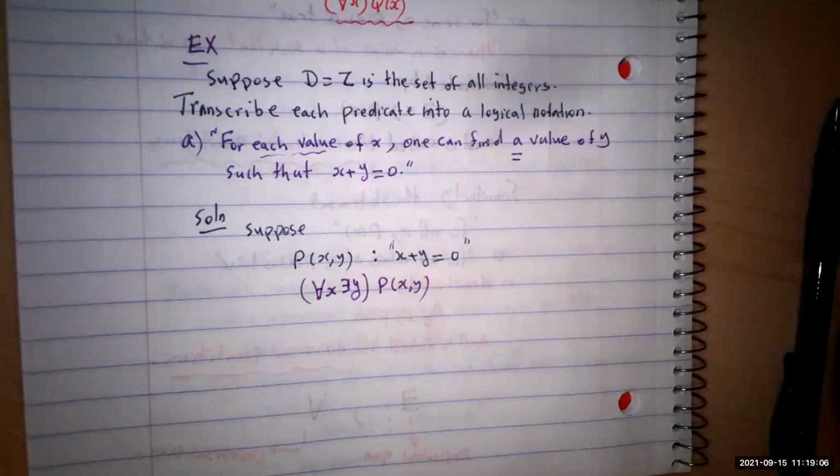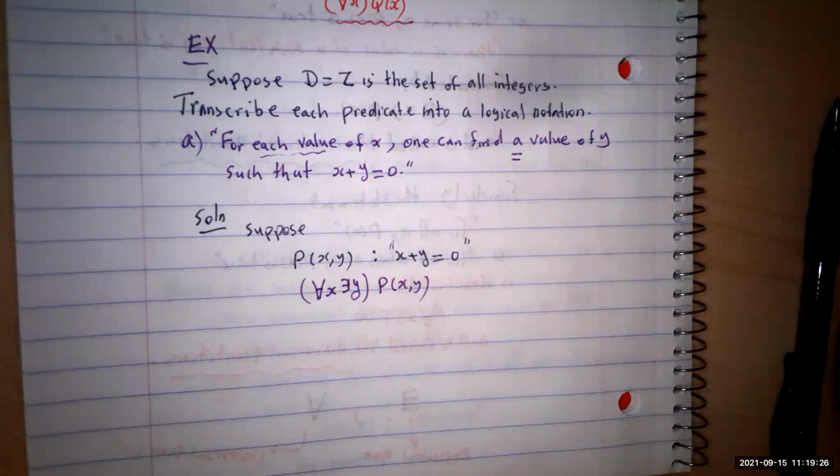Is this statement true or false? True. Very good. So if I give you 5, what is going to be your y? -5. -5, very good. Yes, we can do it all the time. So this statement is a true statement.